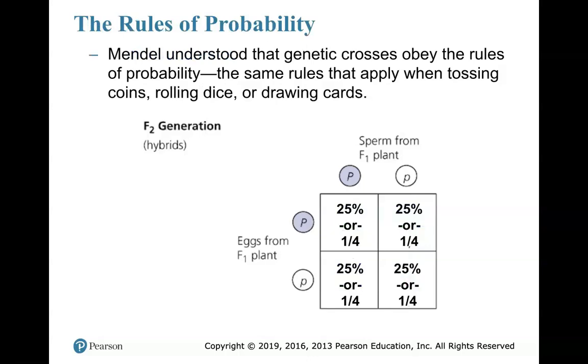A Punnett Square is really showing you guys the possibilities that you're going to get in your generation. What's the chance that that offspring is going to show that purple color? What's the chance that it's going to show that white color? So Mendel understood that genetic crosses obey these rules, these probabilities, and it's really the same rules that perhaps you guys have learned when you toss a coin, you roll the dice.